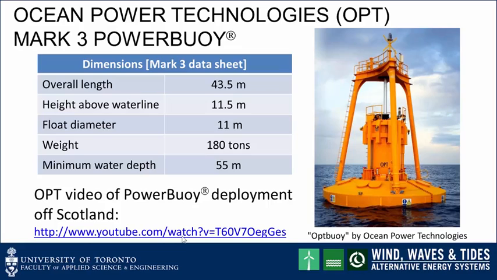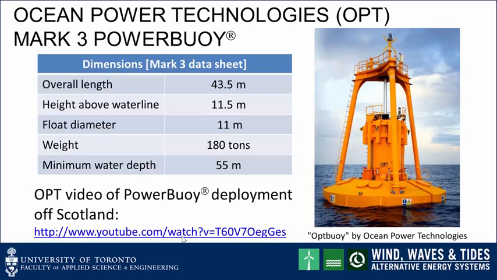The overall length is 43.5 meters, although only 11.5 meters is above the water line, but still that's a significant height, certainly house kind of height. And it's designed to be used in a minimum water depth of 55 meters. Obviously with an overall length of 43.5, you need some clearance on the bottom.